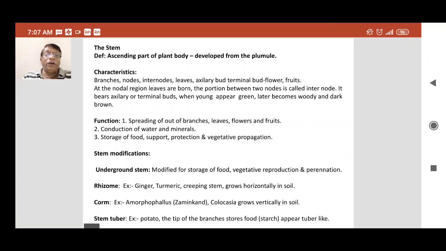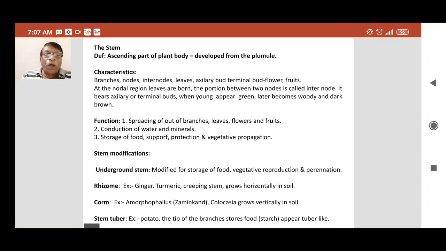Second function, the stem takes part in conduction of water and minerals. We know that root absorbs water and minerals.